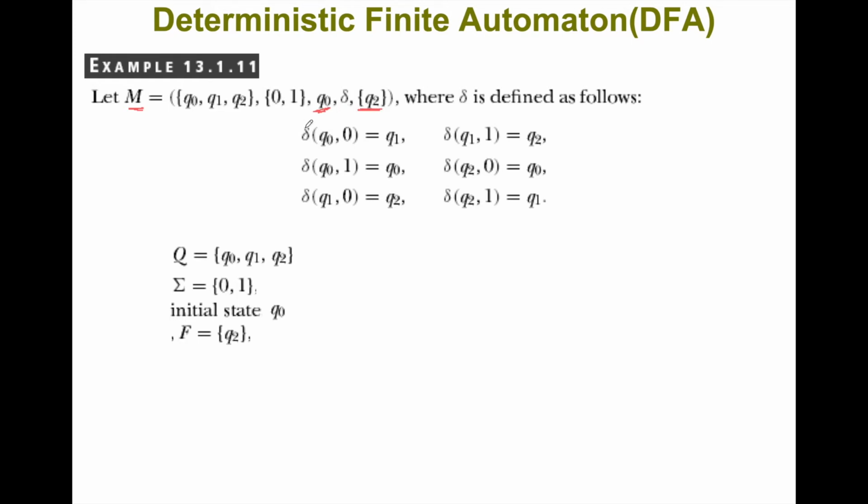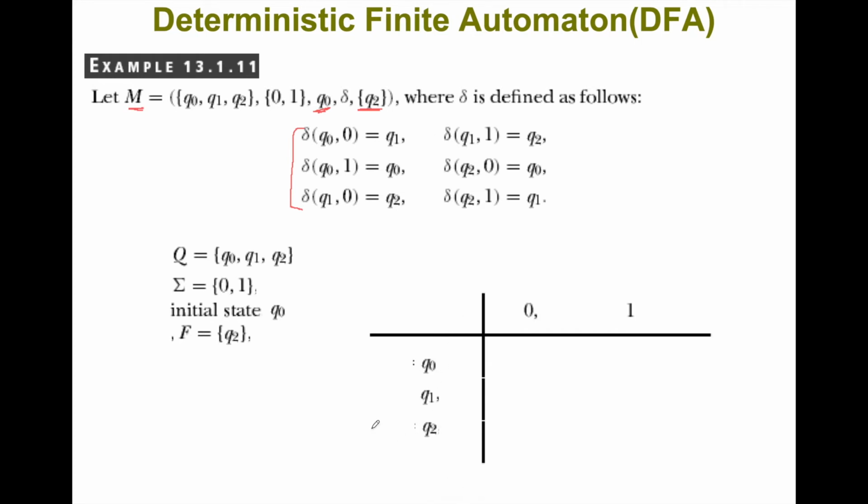Now my del, which is my transition function, is represented as you can see in here. So we can convert the rule in here to a transition table. We put on the leftmost the states that we have in our machine, and on the topmost 0s and 1s.